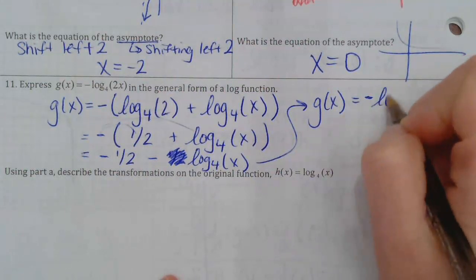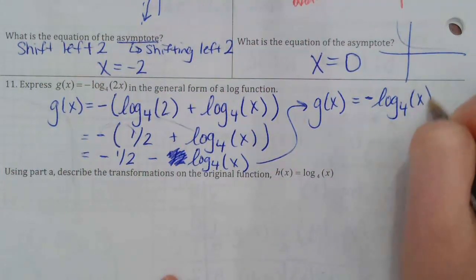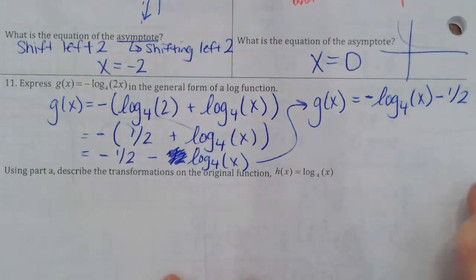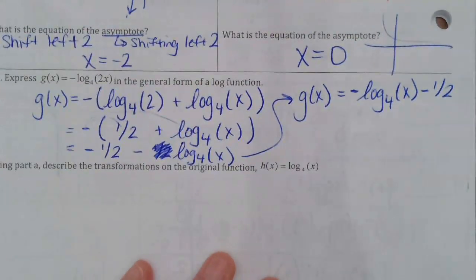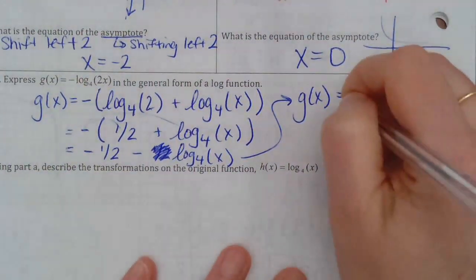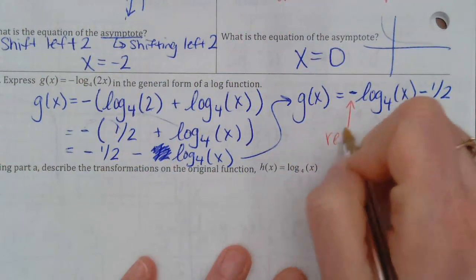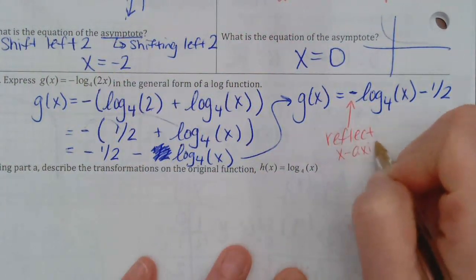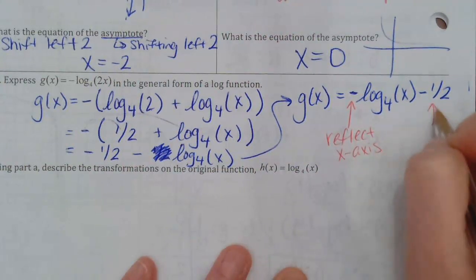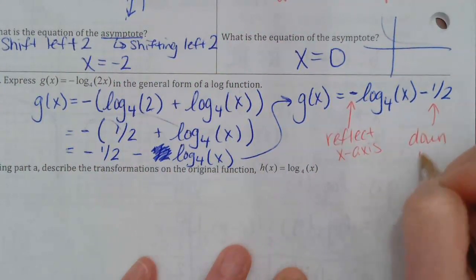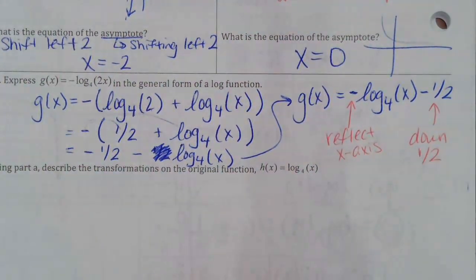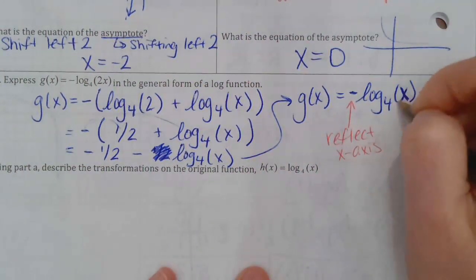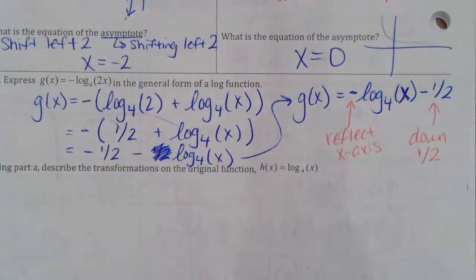So negative log base 4 of x minus 1/2. So again, we have two transformations. We have another reflect over the x-axis, and we have a down 1/2. Again, no transformations are happening within the log, so my asymptote is still at 0.